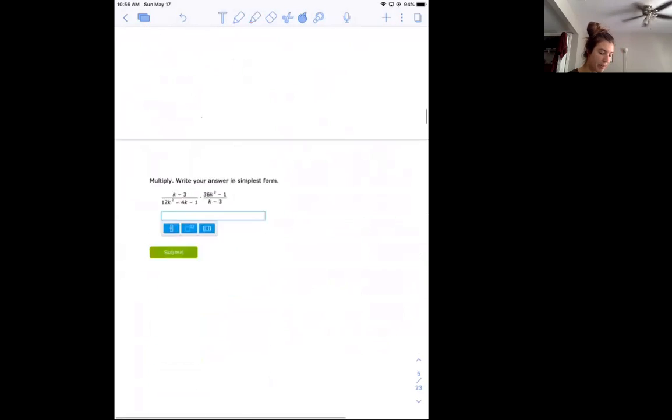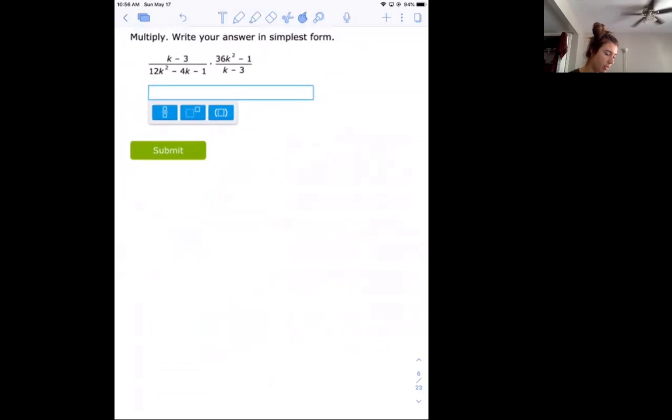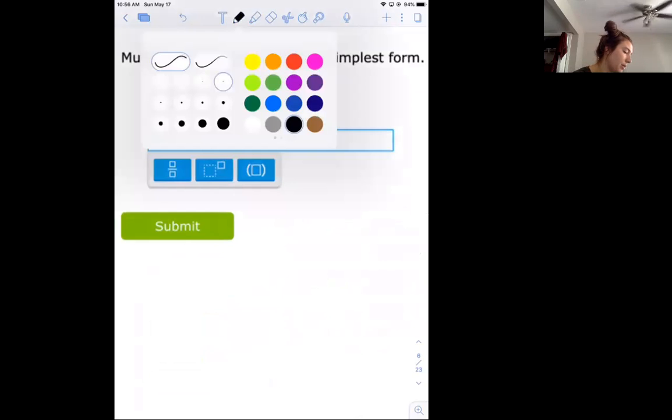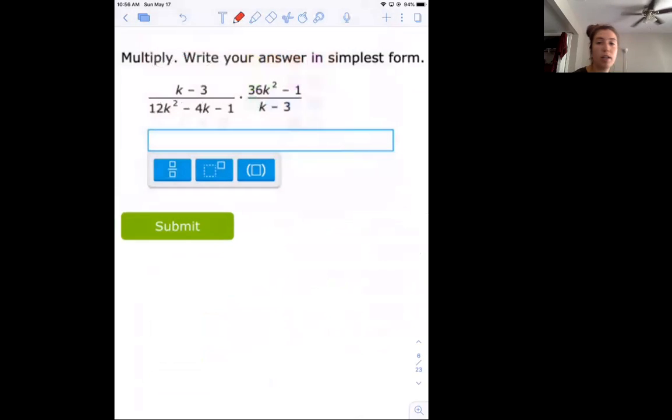So it really all is just about factoring. Okay, here's a similar one. Well, right off the bat, I can see that I have the same binomial on the top and the bottom, that k minus 3. So I'm going to go ahead and just cross those off right now instead of having to multiply them out and then cross them off later. Just going to save myself some time.